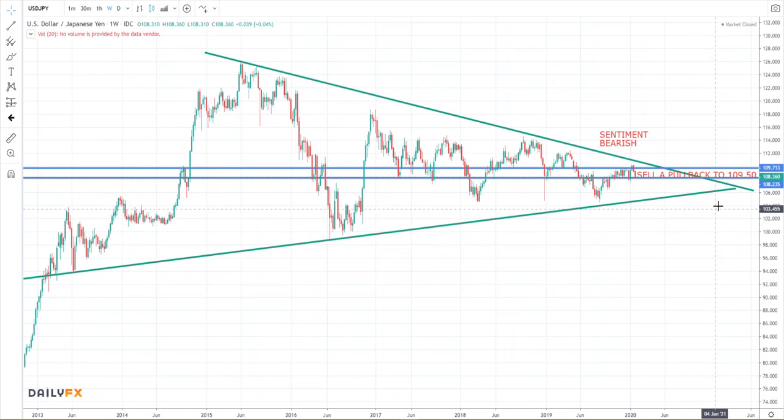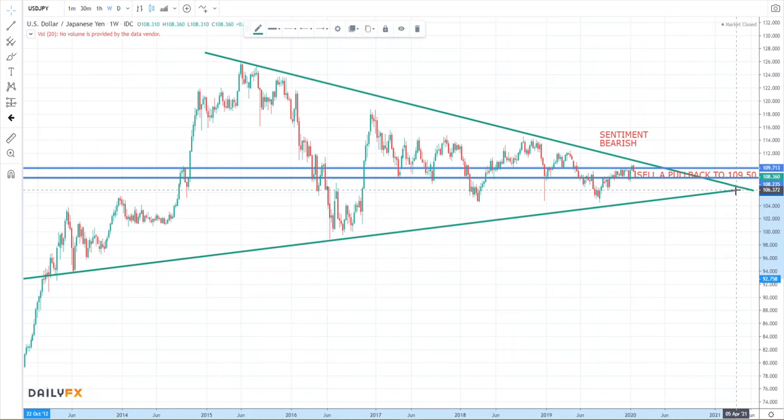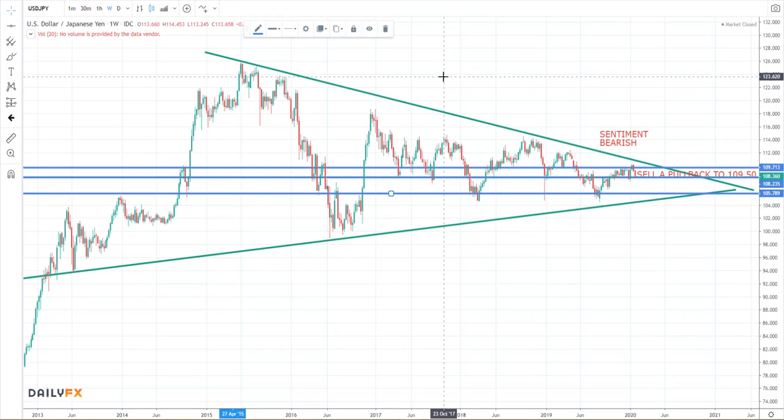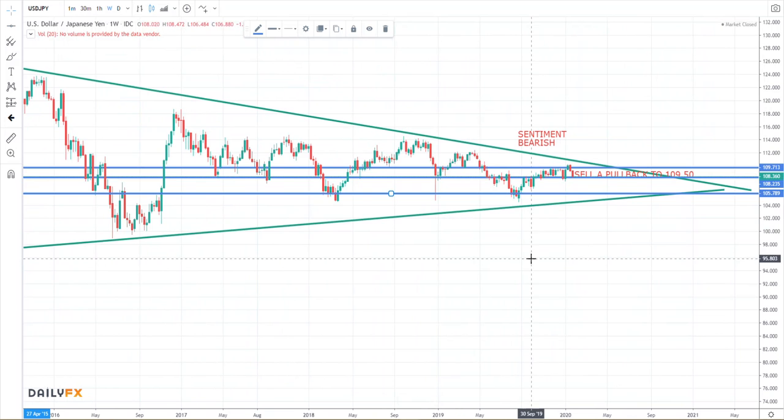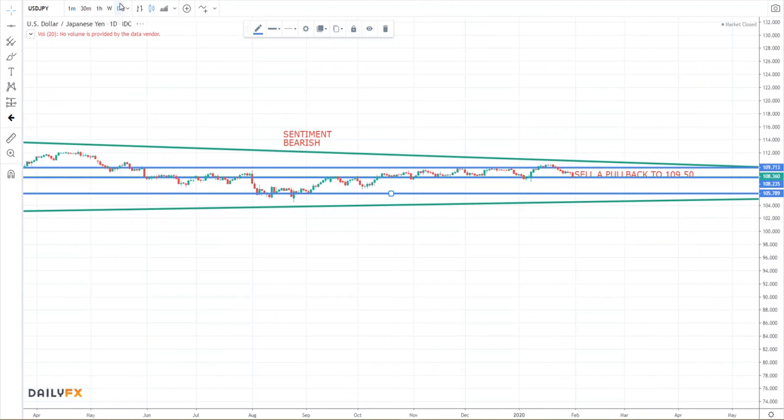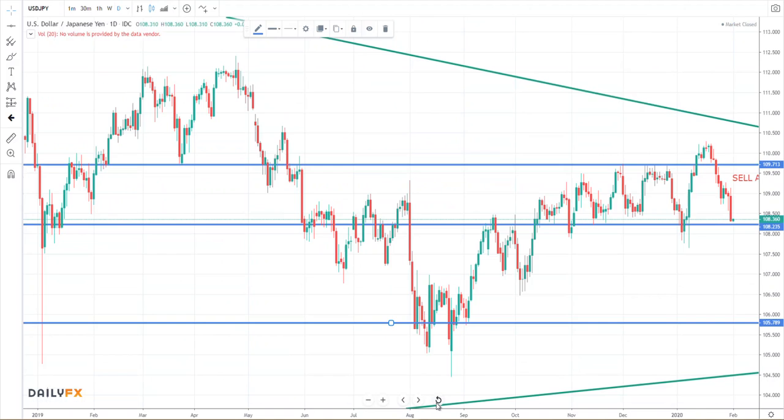Okay, so there we go. Big picture, we may not see the yen get more valuable against the dollar than 105. However, in the short term, could be a great sell. So I am bearish for this week as we go into the yen.